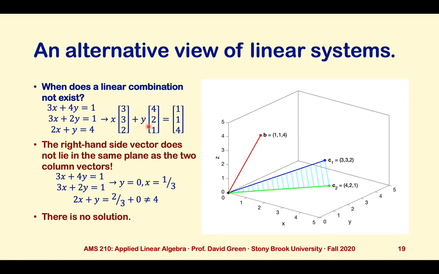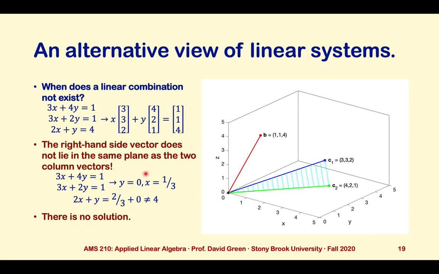We can see this by noting that these first 2 equations both have a 3x. They both have a right-hand side of 1, but they have different coefficients on y. The only way that both of these can be true is if y was 0. If y is 0, then to make this true, x should be 1/3. 3 times 1/3 is equal to 1.